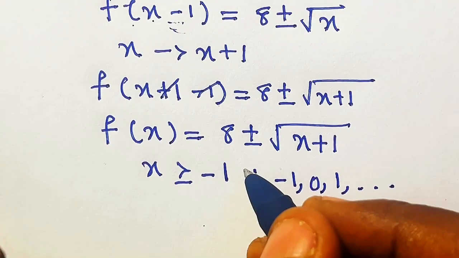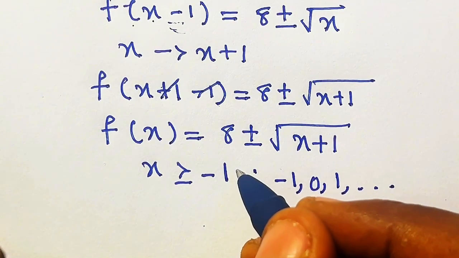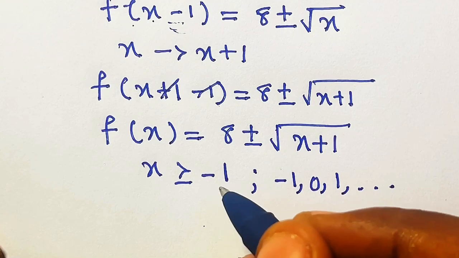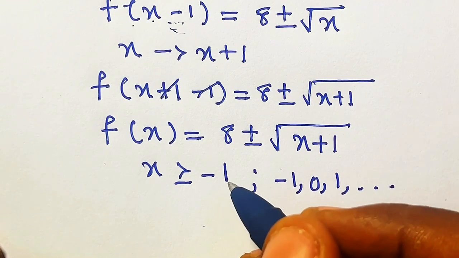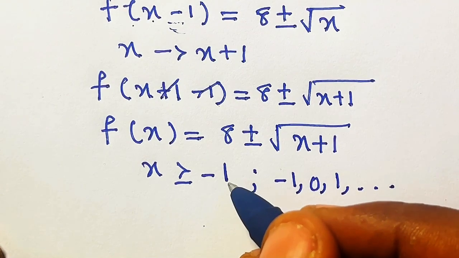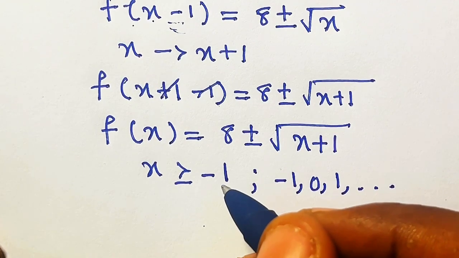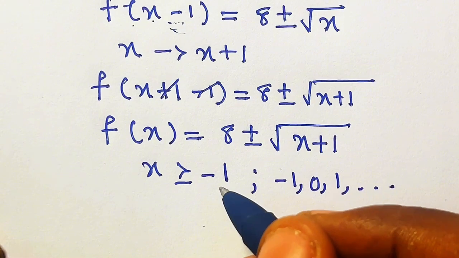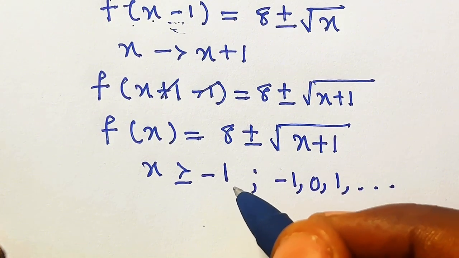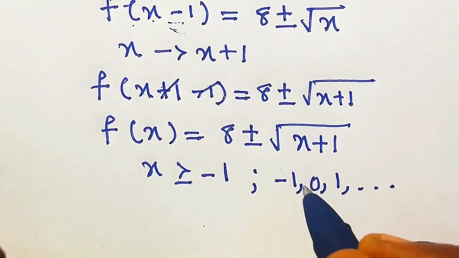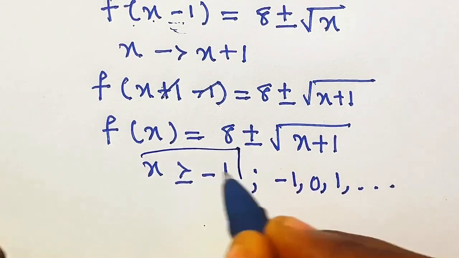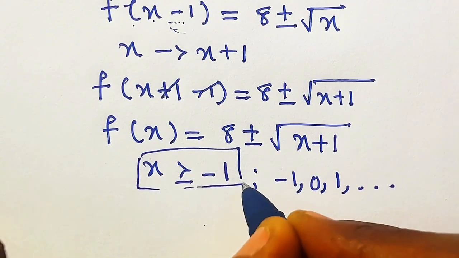This is because if you try to use other integers like minus 2, minus 3, the solution will become complex, and we are looking for a real number, don't forget. This is what will make it satisfied.